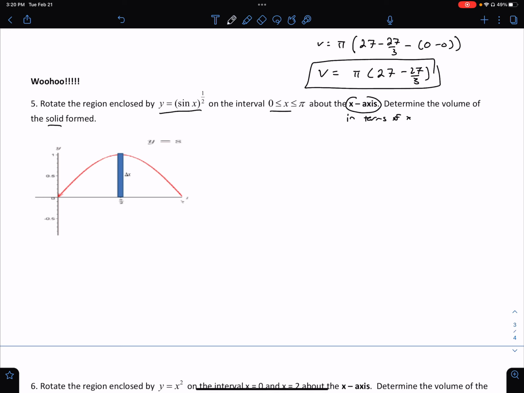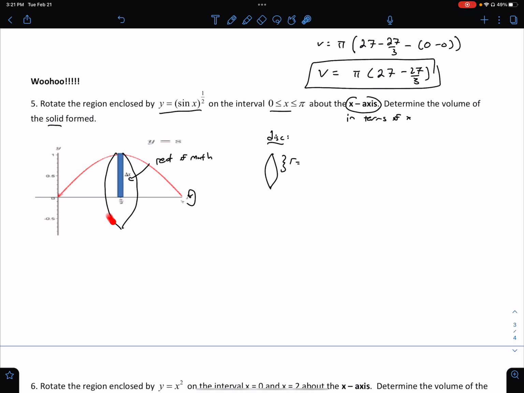Determine the volume formed. If you notice here, we already drew our rectangle of math. When we revolve our rectangle of math around the x-axis, we're going to get a disk. And I can just draw that disk out. The radius of my disk is just the height of my rectangle, top minus bottom.